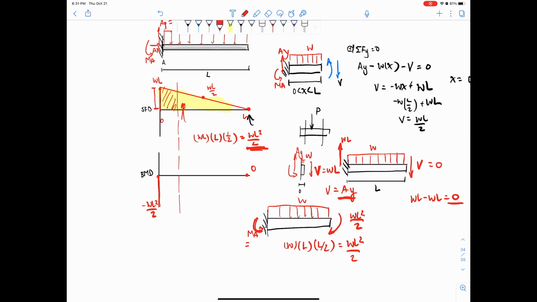Basically, what I like to think is that since this is a positive area, always remember, above the shear force diagram is always a positive area, it increases this value, right? So it wants to add on top of this value. That's how we ultimately get to 0 at this point, okay?